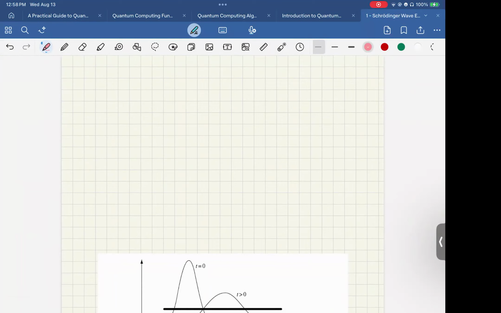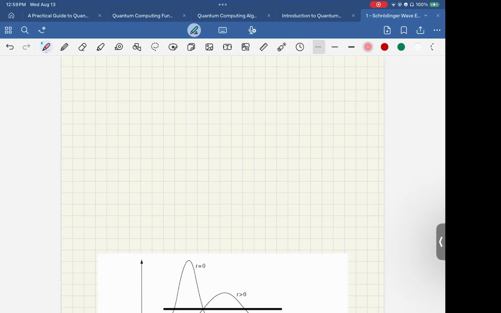At yung probability na yun ay nagko-correspond sa kanyang average position or expectation value. So we can describe yung expectation value na yun, o yung average position na yun in terms of a Gaussian pulse. Especially pag photons, di ba?